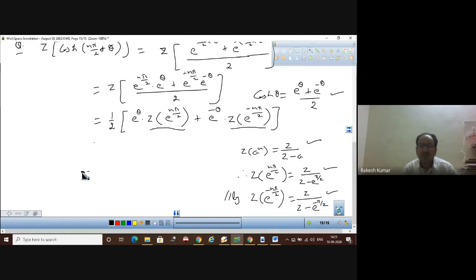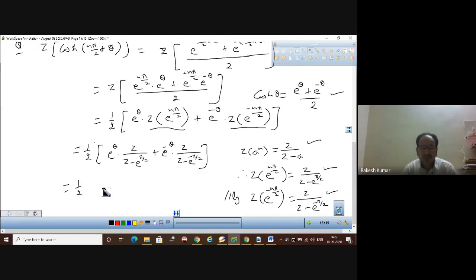So these are the formulas. You can use the values here. That is 1 by 2, e raised to power theta into z over z minus e raised to power pi by 2, plus e raised to power minus theta into z over z minus e raised to power minus pi by 2.